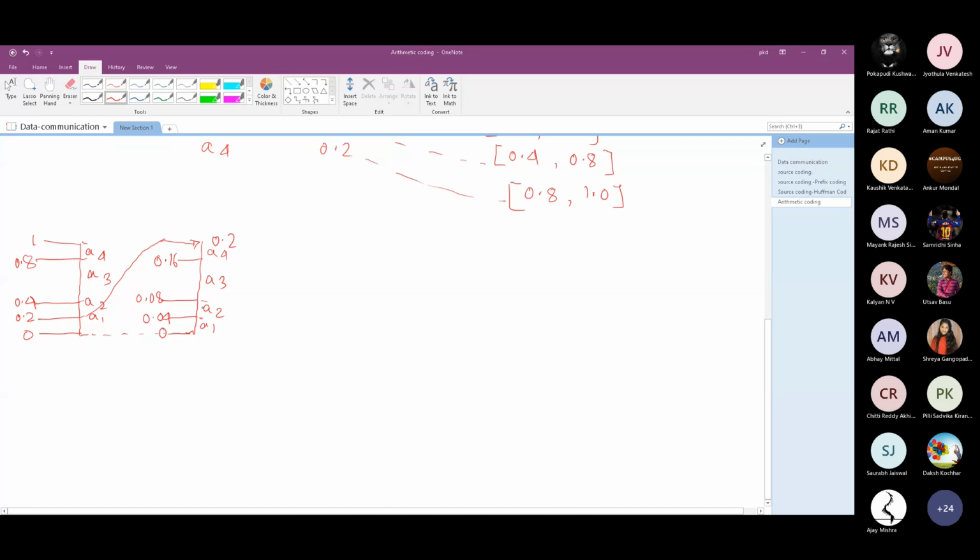So next we do the same thing for the next interval. The next interval's highest is 0.08 and lowest is 0.04.